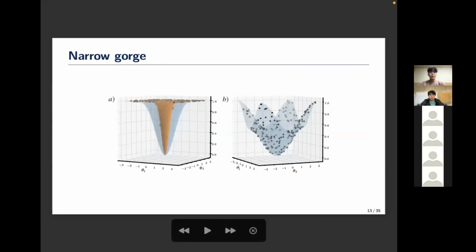When we plot the global and local cost functions, there is a narrow gorge in the global cost function, but not in the local cost function. The reason the narrow gorge is a problem is that the parameters are very unlikely to exist in the narrow gorge.